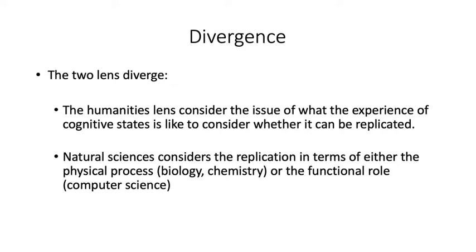What is it that the brain is doing and how can we replicate that kind of role and function in a computer? So they're similar in the sense that they're both looking at replicating human intelligence, but they're different in what they look at. So that's what you want to draw for in the convergence and divergence slides.